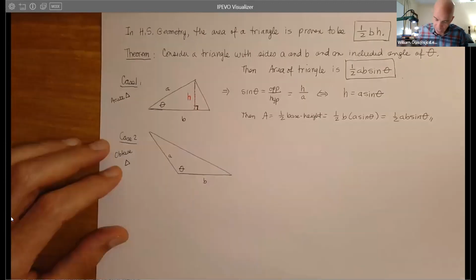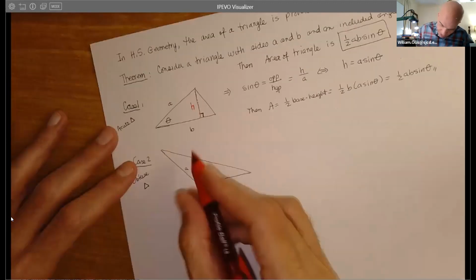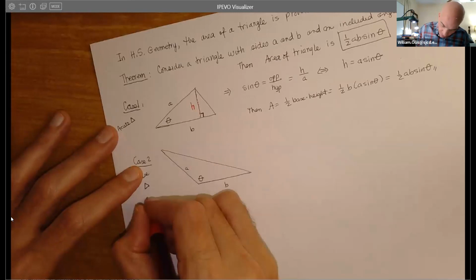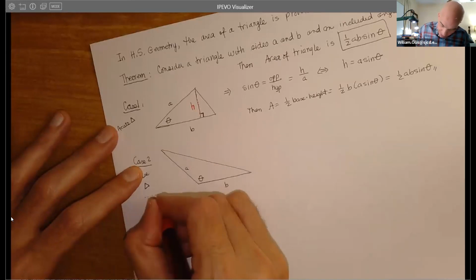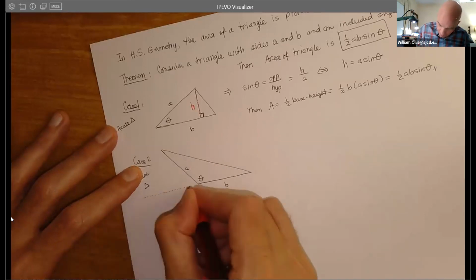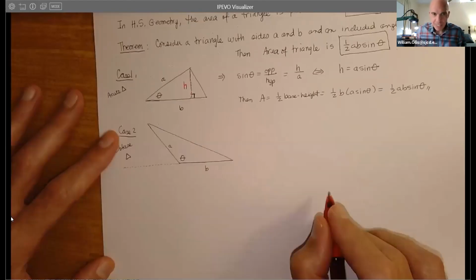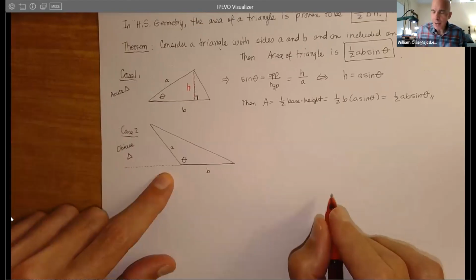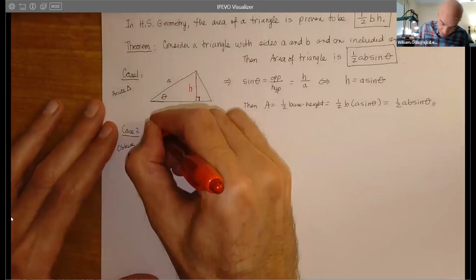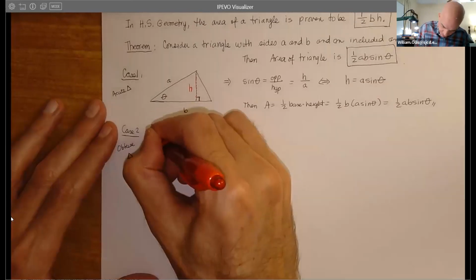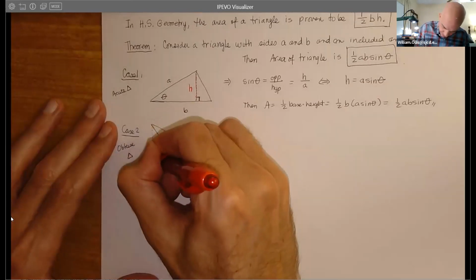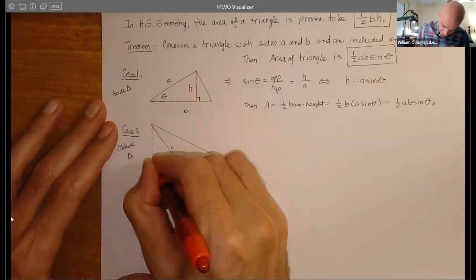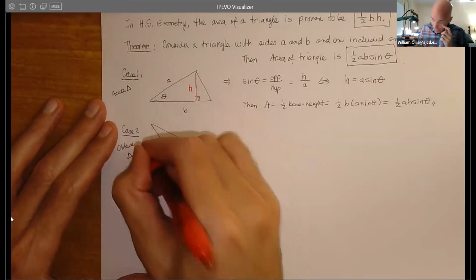Then, of course, we've got to get a right angle, so we're going to extend the horizontal, basically extend the base. We have to extend the base to get the height of the triangle, so we drop the perpendicular. And call this H.